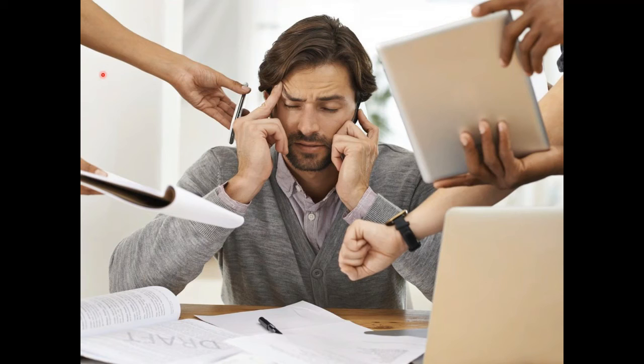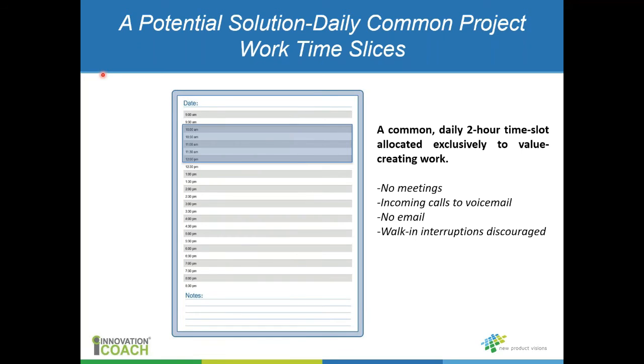What we've been talking about up to this point are all project-related tasks. Here, what we're talking about now are interruptions to your workflow outside of the project work. So one potential way to handle this is what would be termed the daily common project work time. The way this would be implemented is that you have a common, say, 2-hour time slot that's allocated exclusively to value creating work.